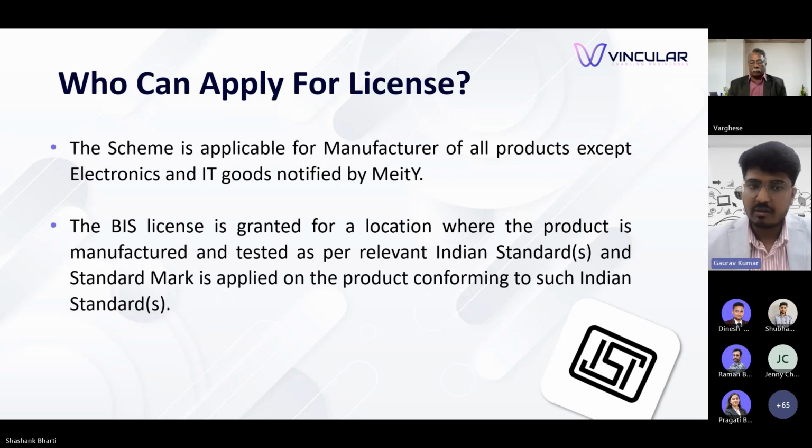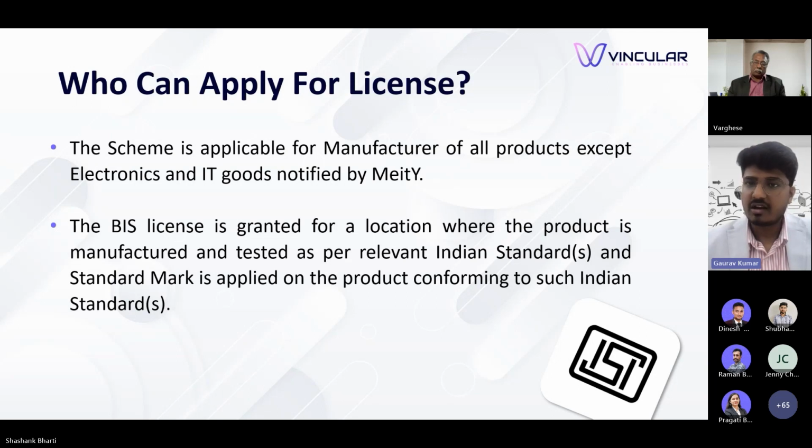So let's say I have a factory in India, say in Karnataka, so one license will be issued for that Karnataka location, very specific to the location or geographical coordinates where my factory is. At the same time, if I have another factory, say in Haryana or Delhi, I will have to obtain another license for that different manufacturing unit.